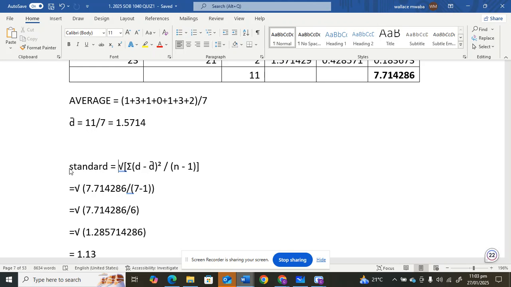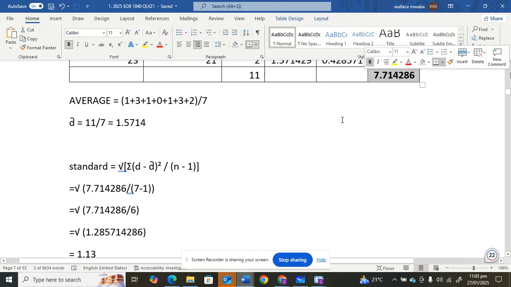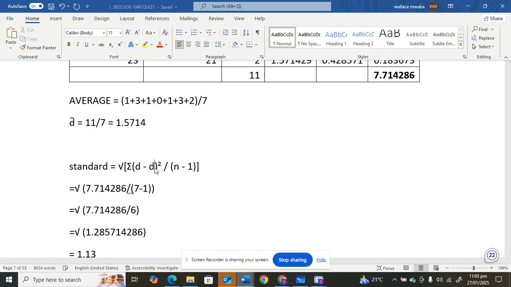Sigma means the summation, the total when we're squaring the x minus x bar values. This top part here, we've already calculated it. It's here.